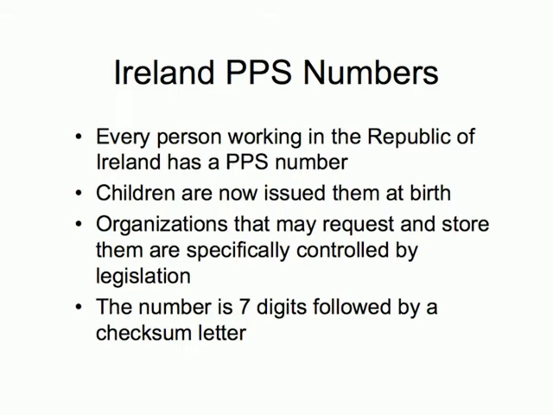But that's actually a conversation for another day. It's not relevant here. The PPS number is 7 digits followed by a checksum letter. So you might have 1, 2, 3, 4, 5, 6, 7, P, for example. Now, we'll see after whether P would be correct there or not.